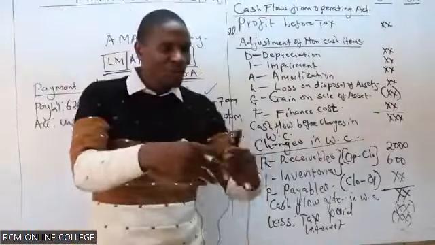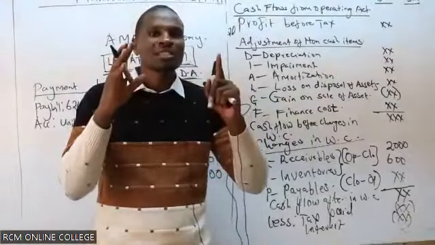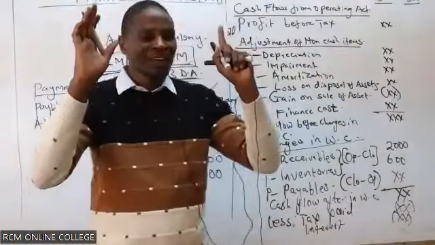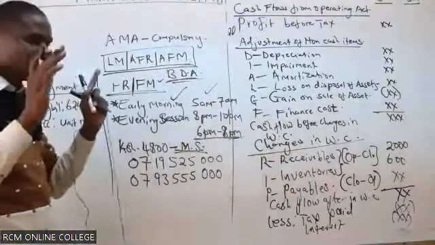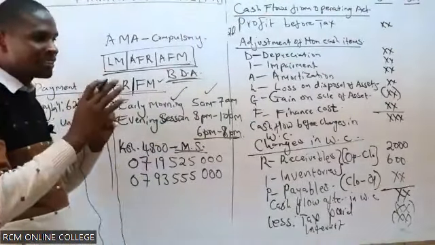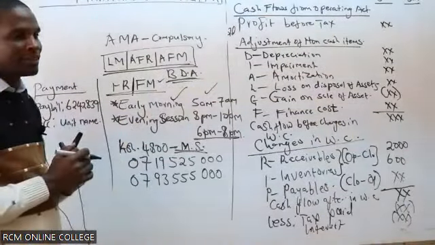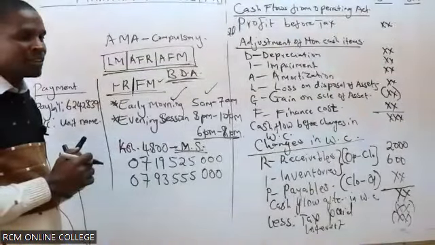Sasa hata nyinyi wenye tuko intermediate level, jueni kwamba AMA imekuwa sasa compulsory. Are we together? Those are good news. Hiyo ni good news. Are you getting the good news now? AMA. Ukienda advanced level from intermediate, unaipata pale. And it is a good thing. Is it not?